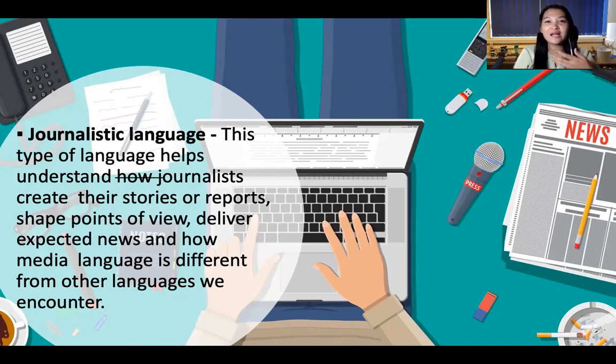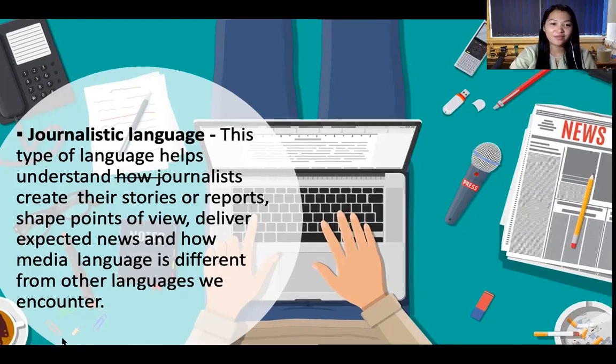So journalistic language is the type of language that you read when you read a newspaper or when you watch TV, the type of language that the reporters and the anchors use. This is what we call journalistic language.